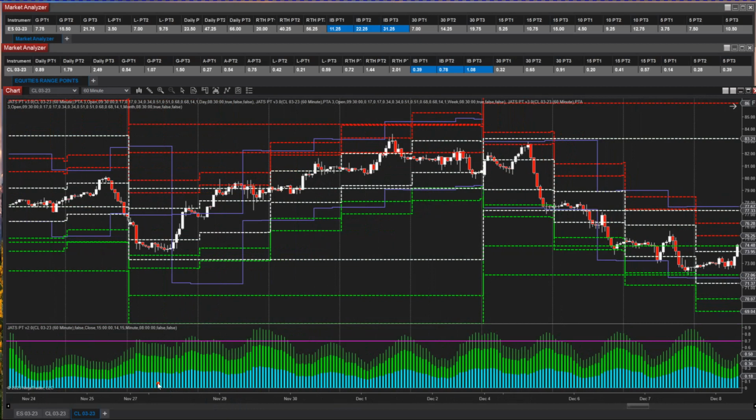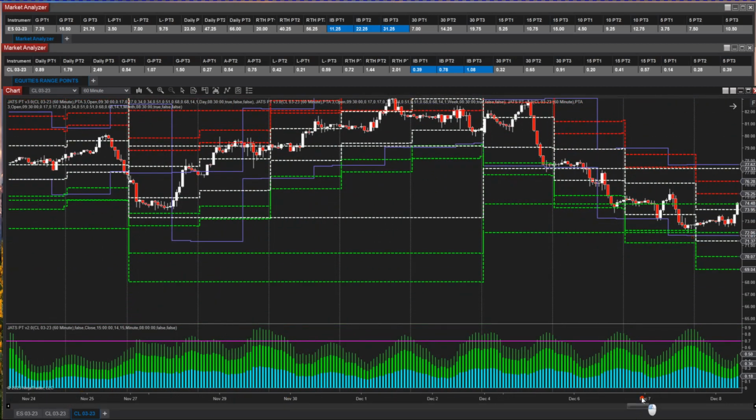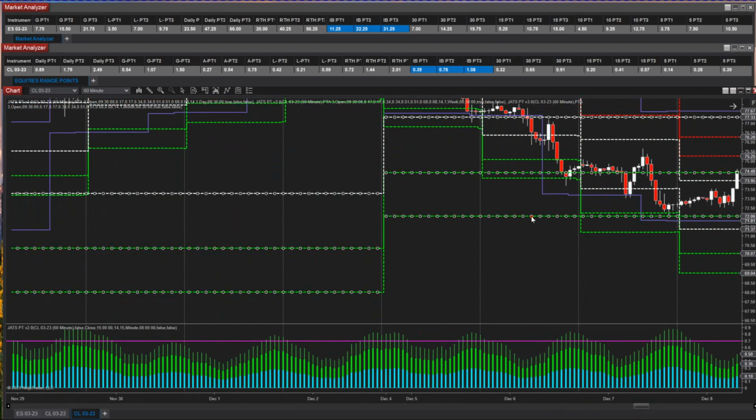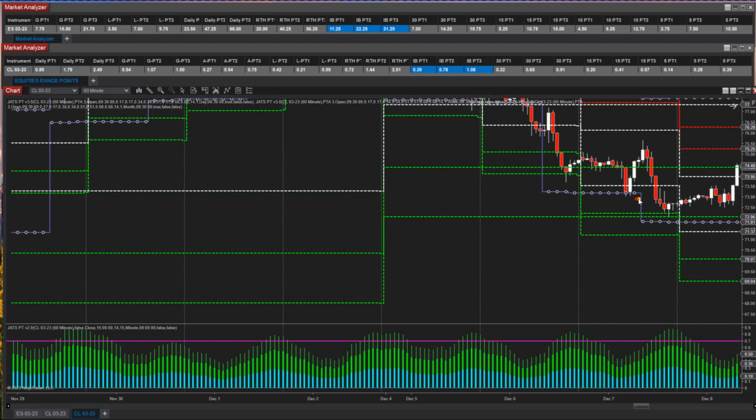From the largest range to the smallest, you can often get some excellent ideas of whether you're on a weekly, a daily, or an RTH level, and your volatility starts coming back down. You know that may give you a huge idea to launch a trade, to go back inside the middle.